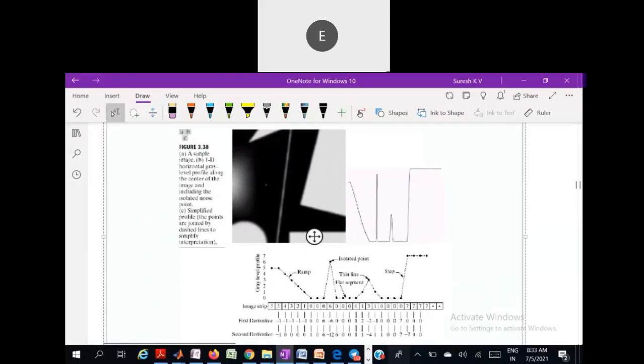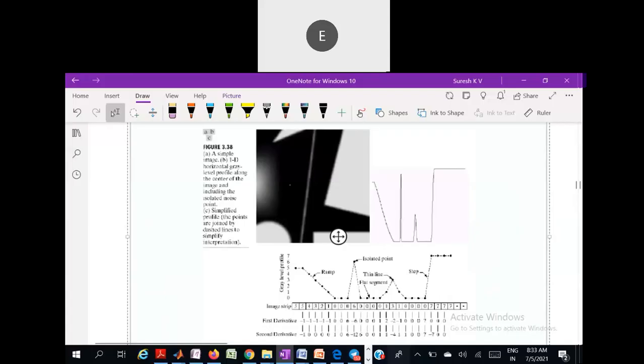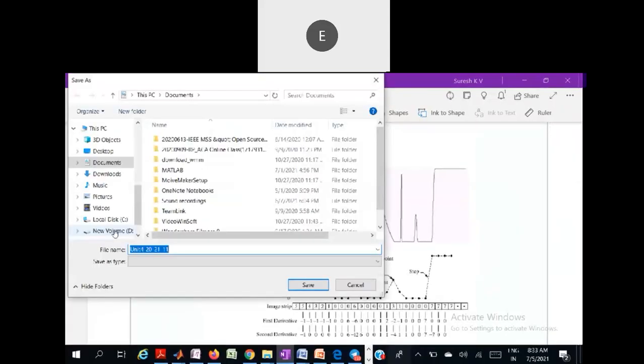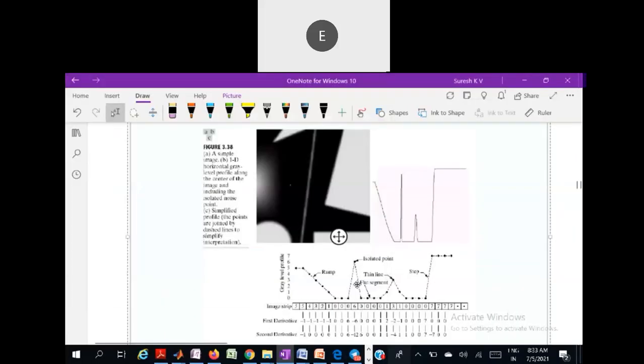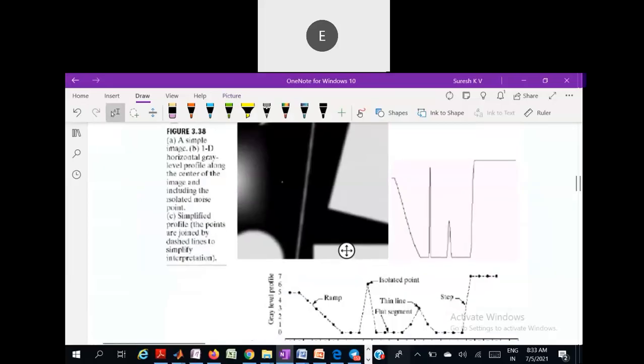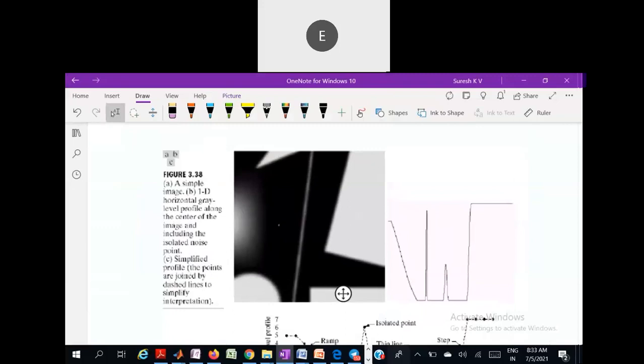Let me just slightly zoom it. Hopefully you can see.